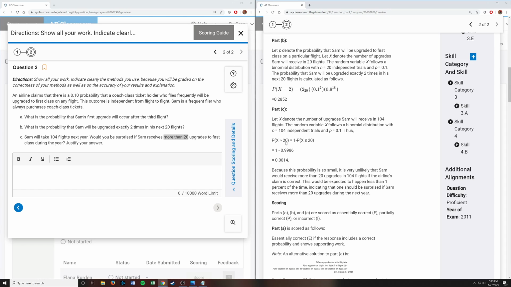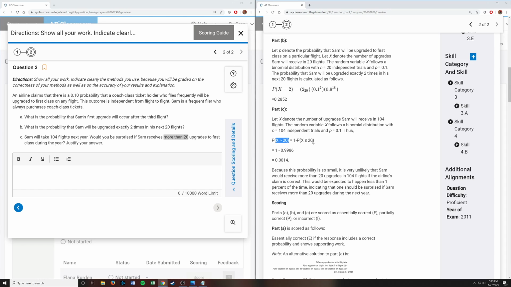But again, if you're using your calculator, which I would recommend, binom CDF, it can't do greater than, so you've got to use the complement rule here. 1 minus the probability that it's less than or equal to. The reason this isn't 19 is because this is strictly greater than. This actually is starting at 21, right? X has to be greater than 20. So that starts at 21.